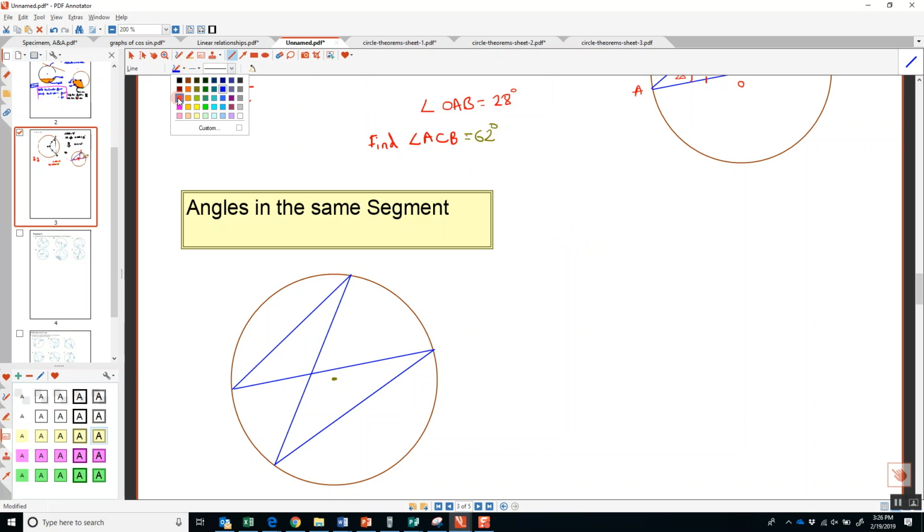Okay, now with these, this angle in here is the same as this one. See, Marco?